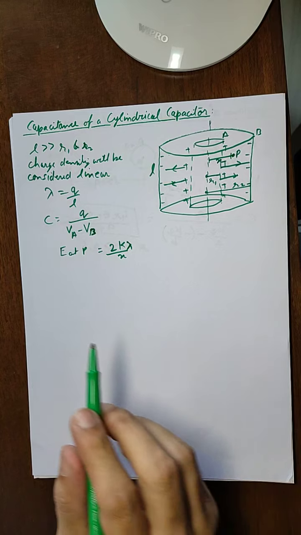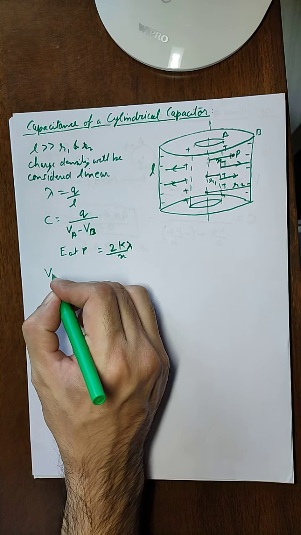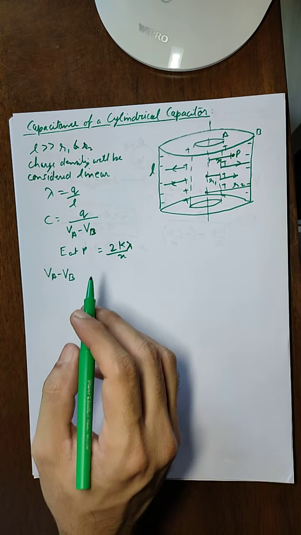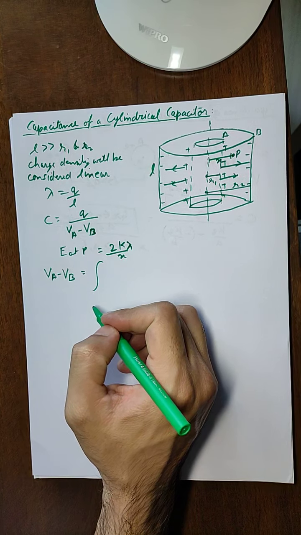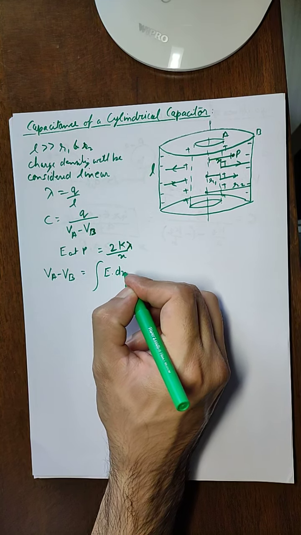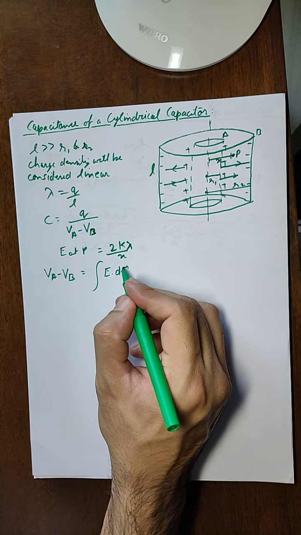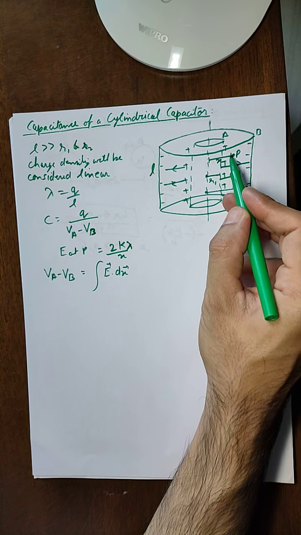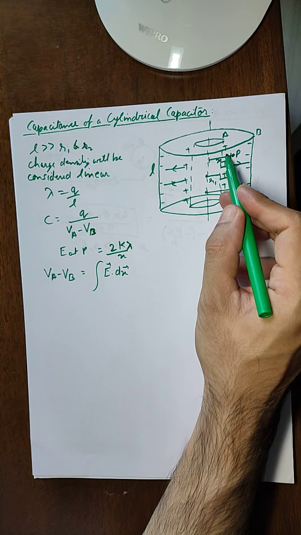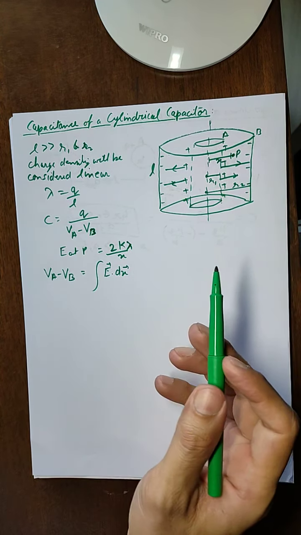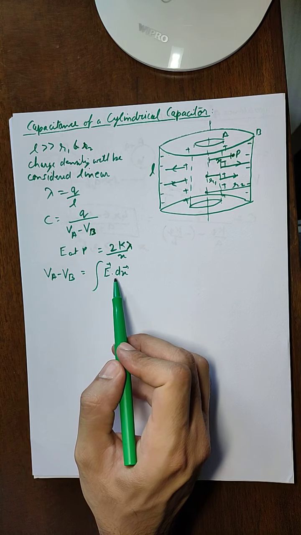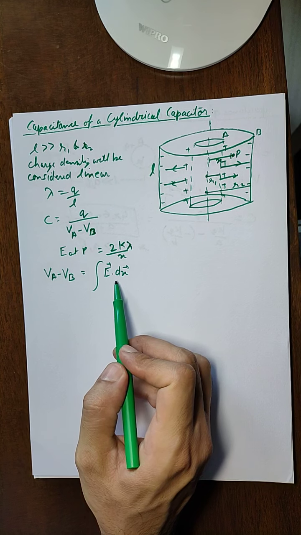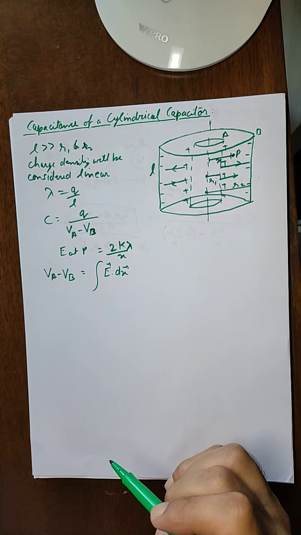So if we have to calculate the potential difference, VA minus VB will be equal to the integral of E dot dx. If x is shifted a little towards the right or left by a distance dx, then the change in potential will be given by this integral. This we have also studied in the topic of potential and potential difference.